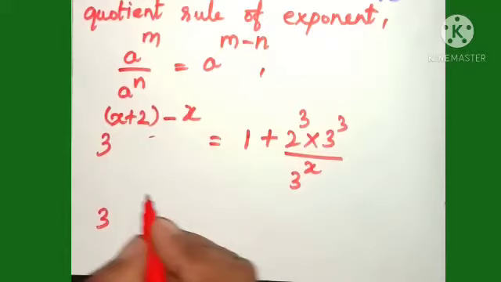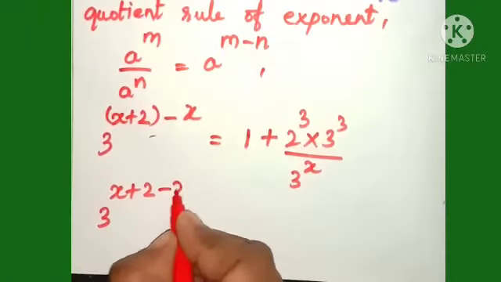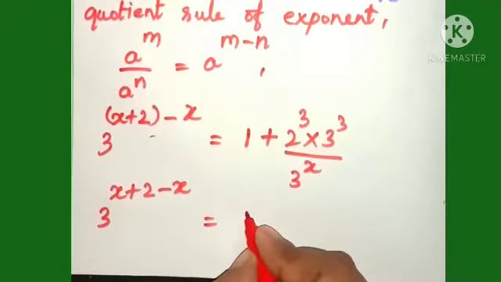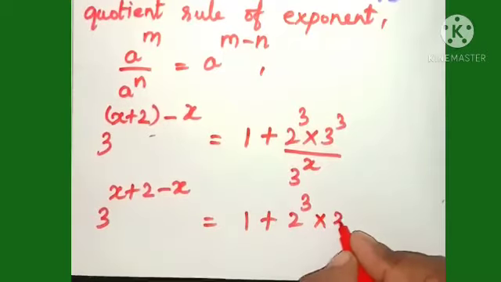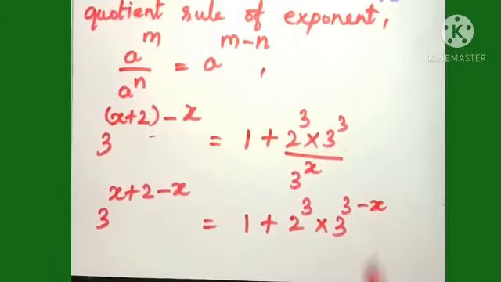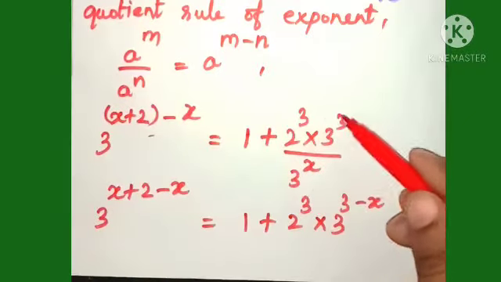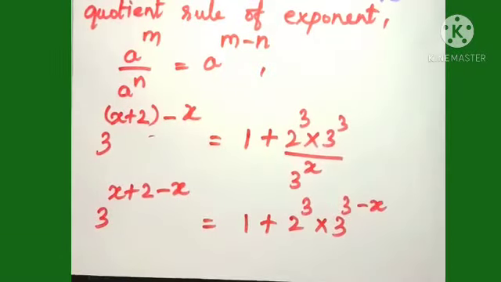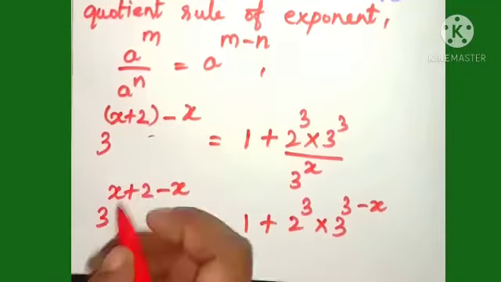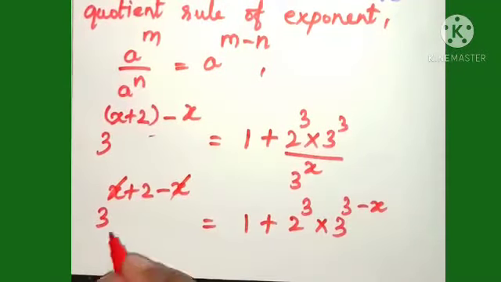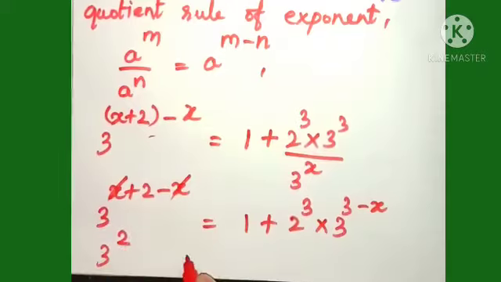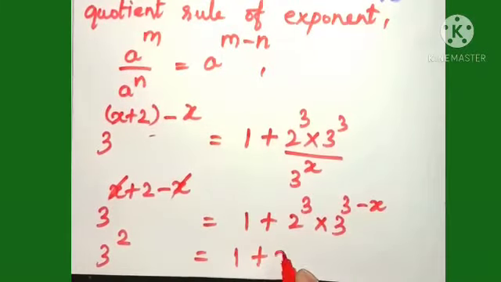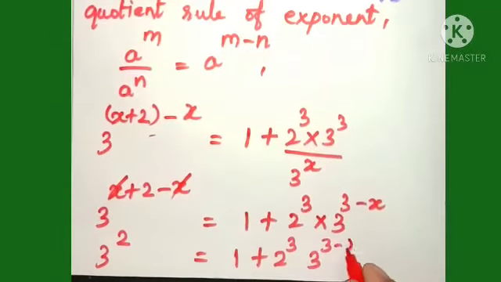Now on the left hand side, x plus 2 minus x, is equal to 1 plus 2 power 3 into 3 power 3 minus x, because here also we can use the quotient rule of exponents. Now we get, cancelling x and x, 3 power 2 on the left hand side. 3 square is equal to 1 plus 2 cube into 3 power 3 minus x.